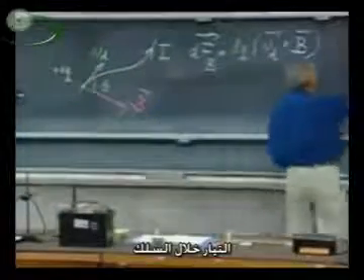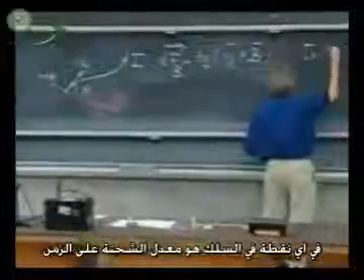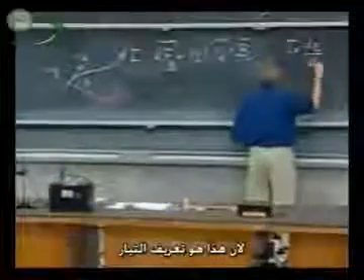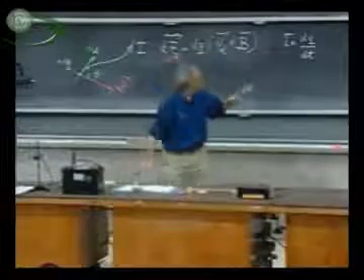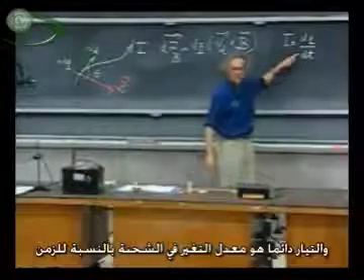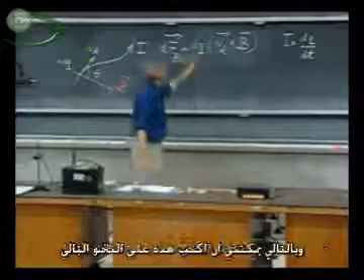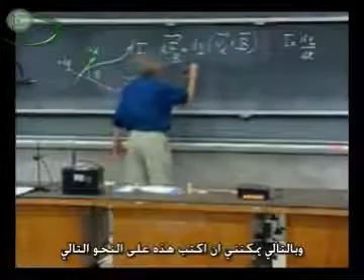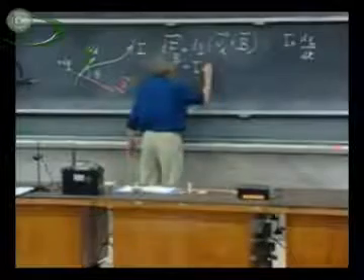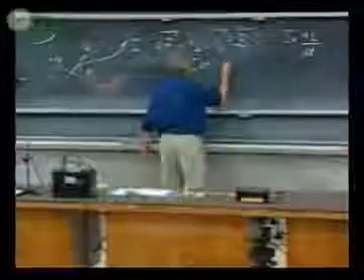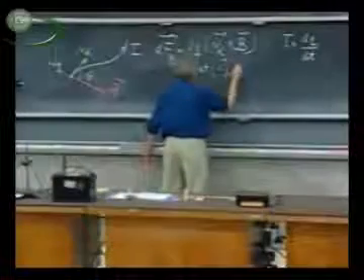The current through the wire, everywhere in the wire, must be dq/dt, because that's the definition of current. How many coulombs per second? The current is always dq/dt. So I can also write this as I dt times Vd cross B.